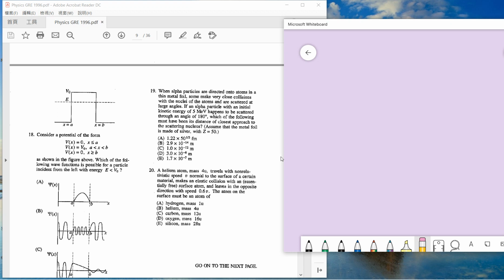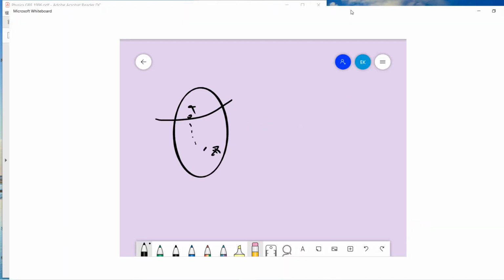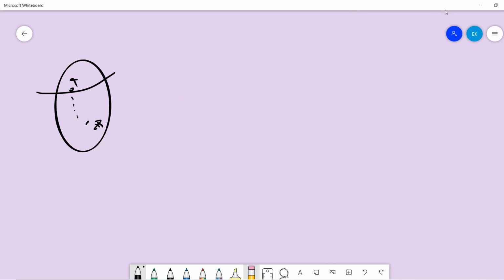So this is just about the Coulomb interaction. This is the alpha, this is the nucleus, which are very close to each other. So the closest point can be solved by the Coulomb interaction. This is your potential term.